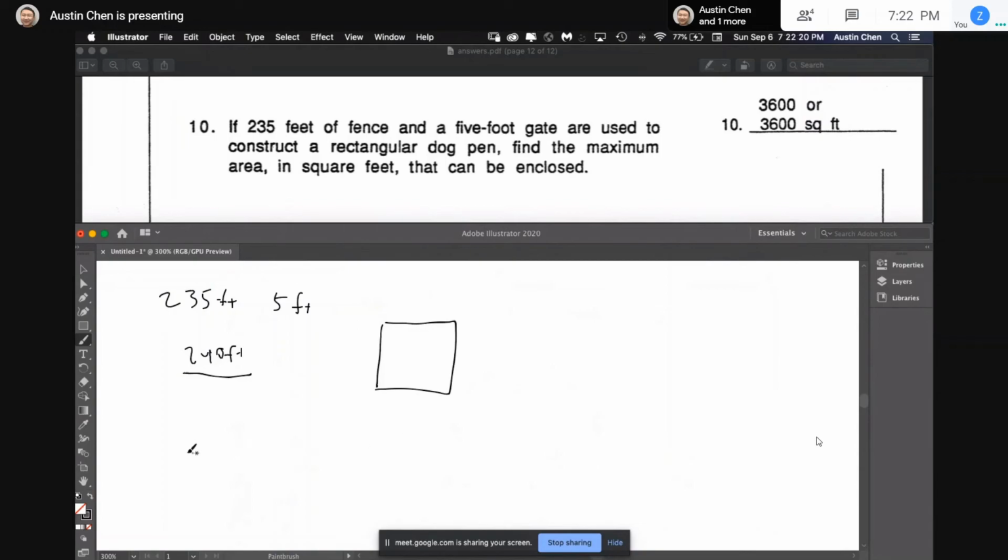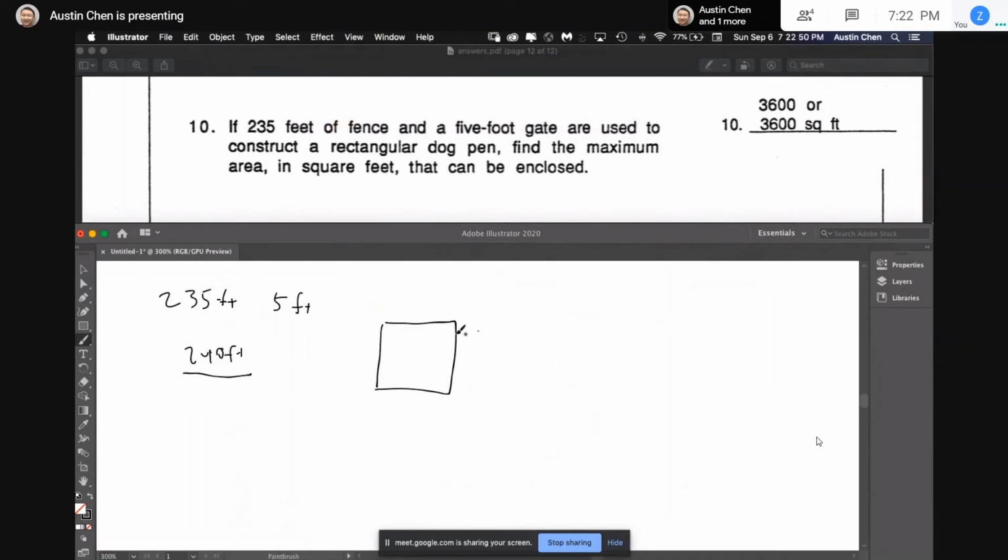Well, you can think about it with limiting cases, right? If you make it as non-square as possible, where you have very long sides to very short sides, this is not good at all because you're using a lot of length to enclose barely any area. So that's why you want a square, where the sides are the same length.